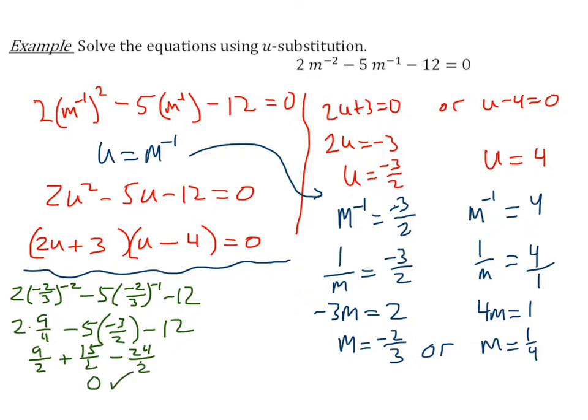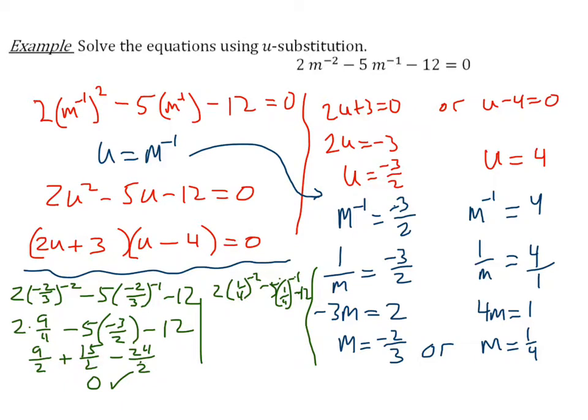It works. And if we have 1/4, we can say we have 2 times 1/4 to the negative 2 minus, squeeze this in here, 5. So we got that squeezed in there.